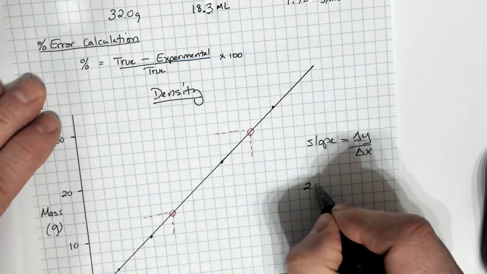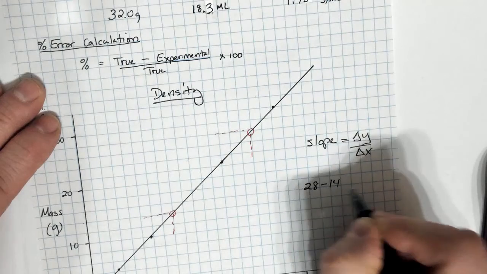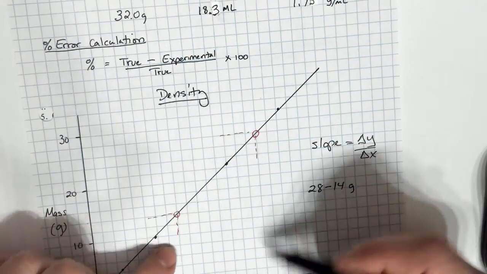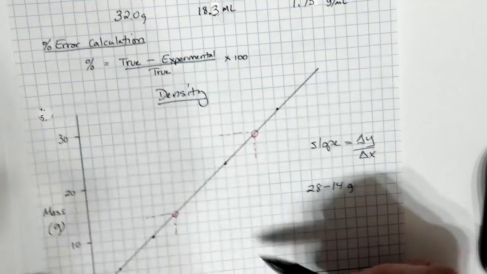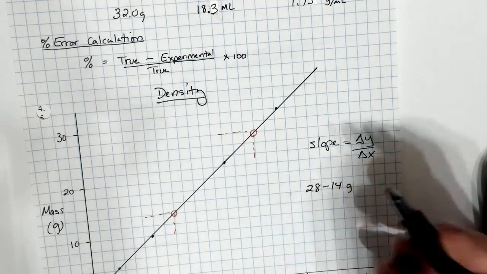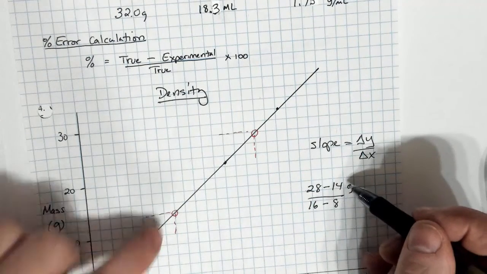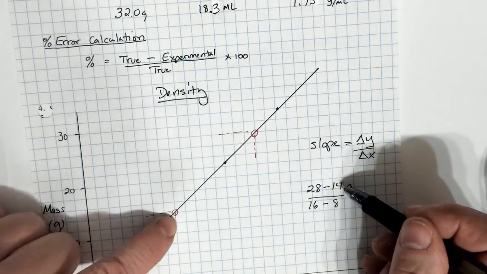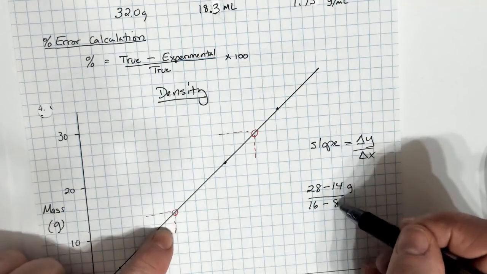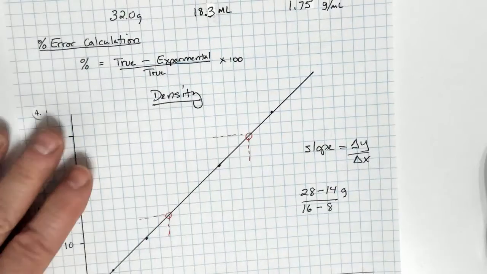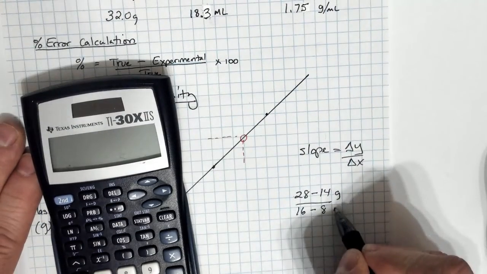So I'm going to go 28 minus 14, and that's the gram side of the graph. Then I go down, and this one is 16, and this one is 8. So I go 16 minus 8. So this right here is 14 and 8. Okay, so this is my y1, x1. This is my y2, x2. Then I divide these numbers, and this is milliliters.